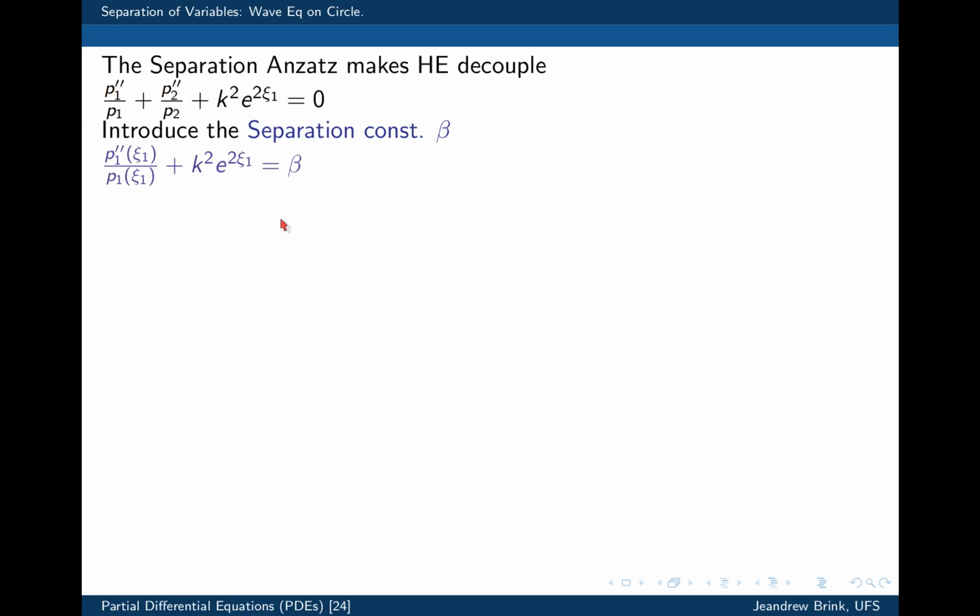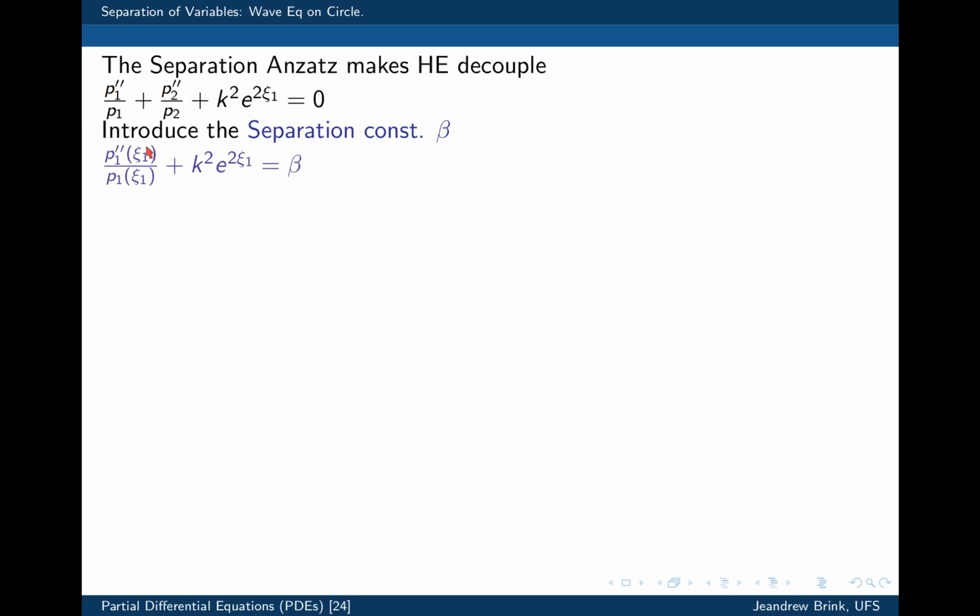Okay, so the separation ansatz lets the Helmholtz equation decouple. Here's what we had on the previous slide at the end, and what we're now going to do is introduce a separation constant and let the things that depend on the different variables independently be equal to the separation constant. So we now get two equations.